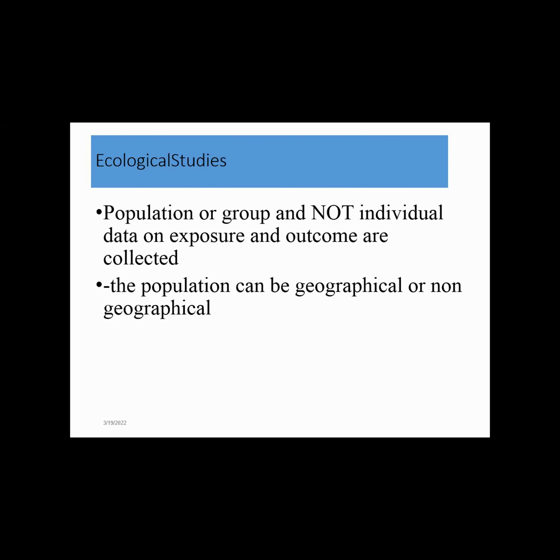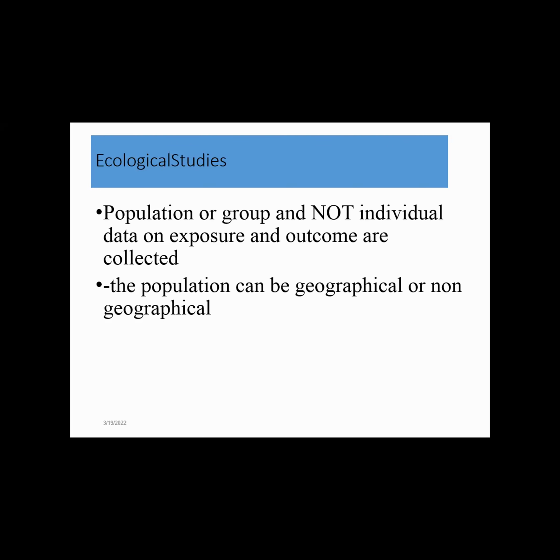Anyhow, it works, whether you start from looking out for exposure, then find out the outcome, or you know the outcome and you look out for the exposure. There are also instances whereby you don't know any of them. As in, you don't know the outcome, you don't know the exposure, and you're going to look for all these variables at the same time.